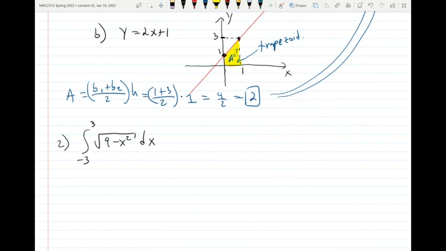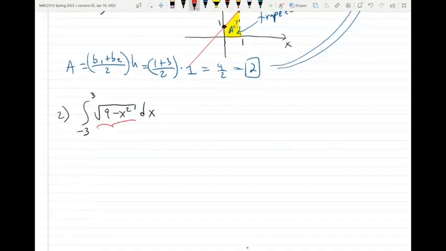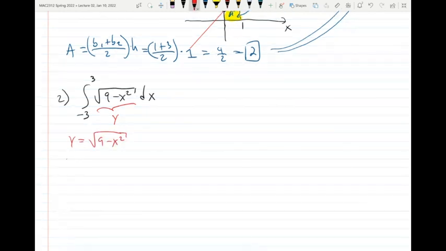Well, let's try to see if we understand geometrically what this is. It may not look clear now, but once I tell you, it will be pretty straightforward. Suppose that we call this y, so y equals square root of 9 minus x squared. Square both sides, move the x squared to the other side.